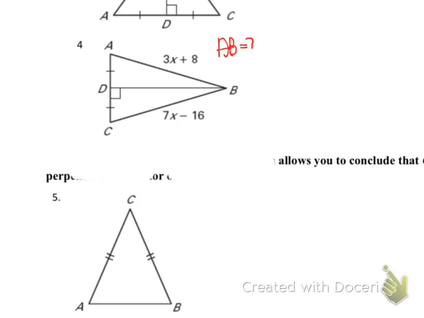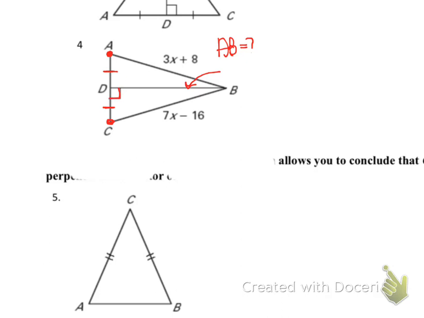I see that BD, this segment right here, is acting like a perpendicular bisector for segment AC. I know that because this segment is equal to that segment, therefore that's a bisector, and I get a right angle. That's the perpendicular part.